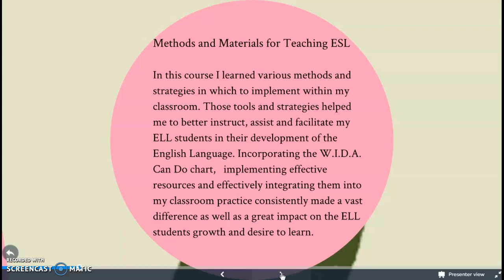I found out how to really incorporate step by step the ladder method of the WIDA chart to really help my ELL students move from a level 1 up to a higher level by incorporating strategies or tools that will help them make improvement and growth.